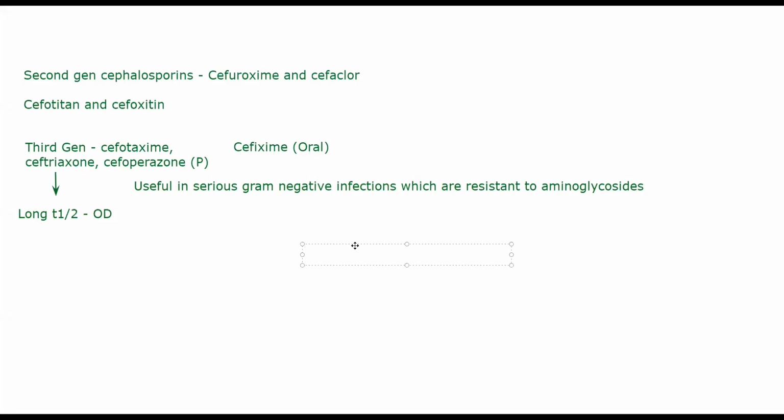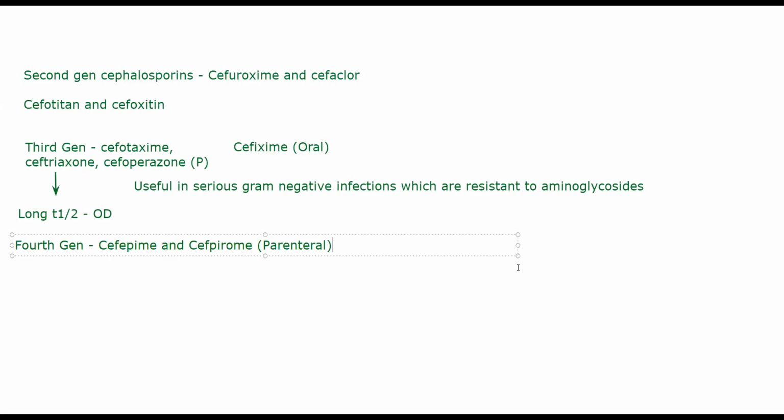Now coming to fourth generation cephalosporins. In fourth generation cephalosporins, there are no oral drugs, only parenteral. You have cefepime and cefpirome. Both of these are parenteral.